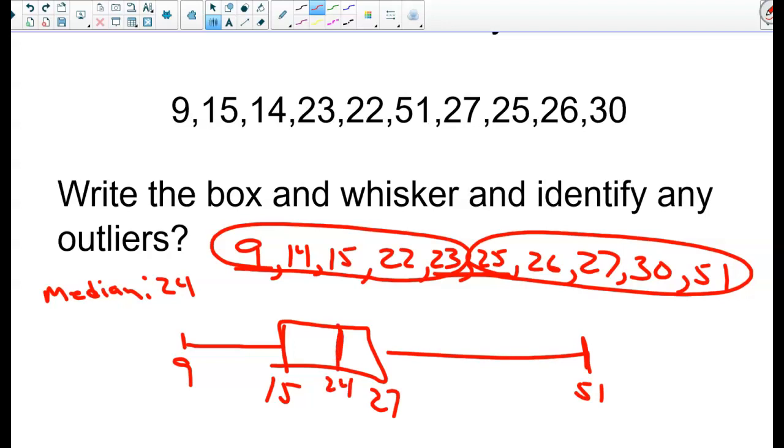Now when I do my outliers, 27 minus 15 is 12. And 12 times 1.5 is 18. 15 minus 18 is -3. Less than -3 is an outlier. 27 plus 18 is 45. Greater than 45 is an outlier. So I would argue 51 is an outlier. Yes?